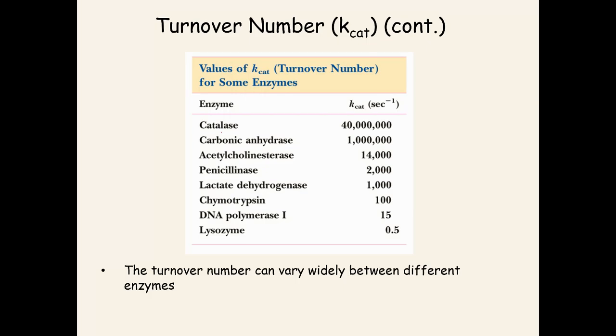So kcat can also be used to compare enzymes. Here's a chart of different kcats. Catalase is churning out a lot of product per second compared to some of these other enzymes. So the turnover number can vary tremendously between different enzymes. We're going to be looking later at chymotrypsin, an enzyme we'll see in the next presentation.